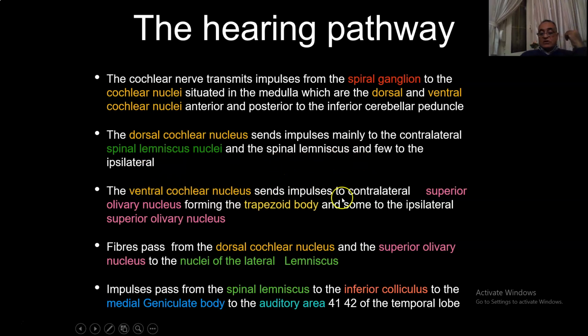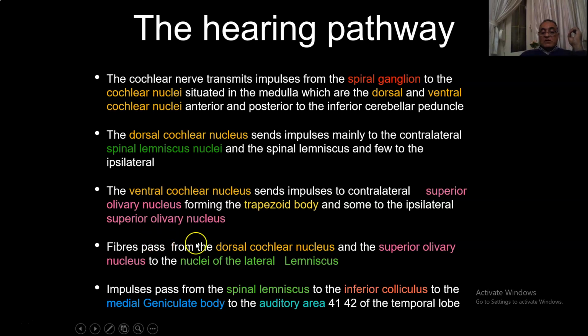The ventral cochlear nucleus sends also to the contralateral superior olivary nucleus, forming the trapezoid body, fibers passing transversely to the contralateral side, called the trapezoid body, and some reaching the ipsilateral olivary nucleus.